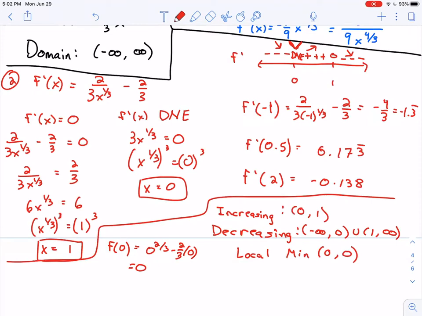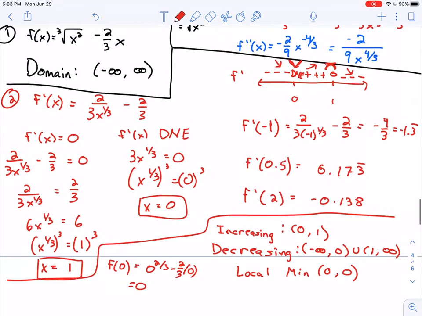At 1, if I go back and look over here at 1, my function is increasing and then decreasing. We've got that classic horizontal tangent line. That is a local maximum. So we do still need to find the coordinate there of 1. And to do that, I'm going to take 1 and plug that into my original function.